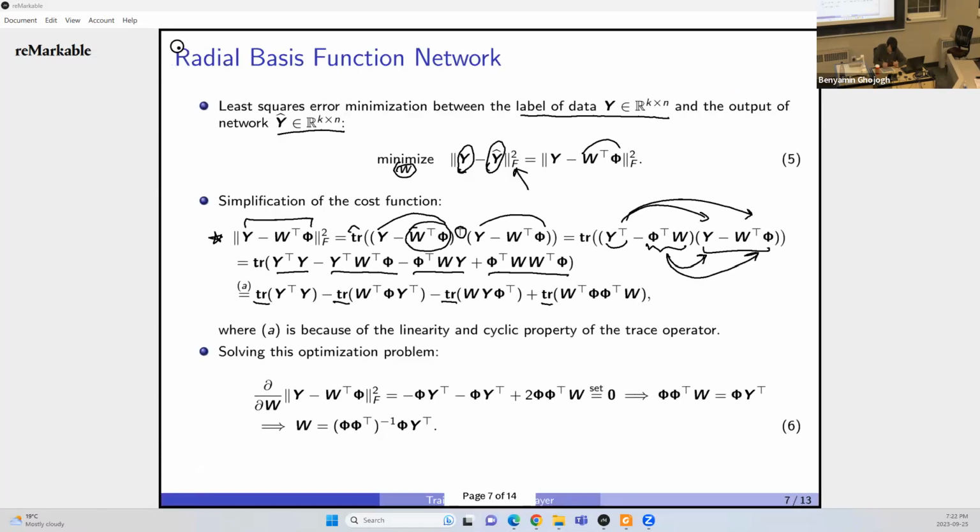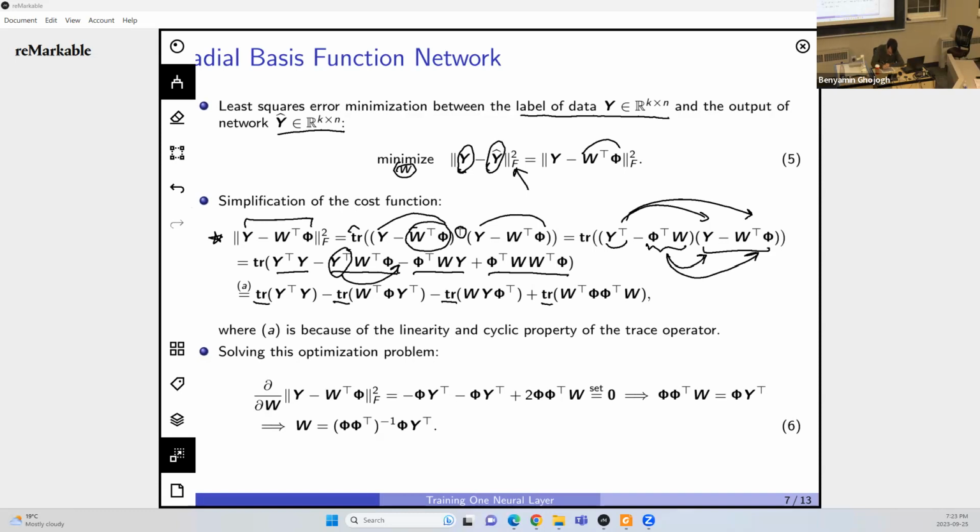Now, here I have used the cyclic property. How? I have brought this to this side and this to that side. Equivalently, for simplification, the cyclic property also goes the other way around, so I can say I bring this to the right-hand side.